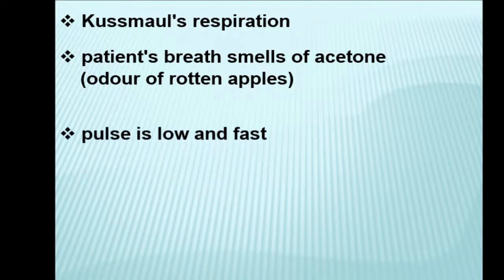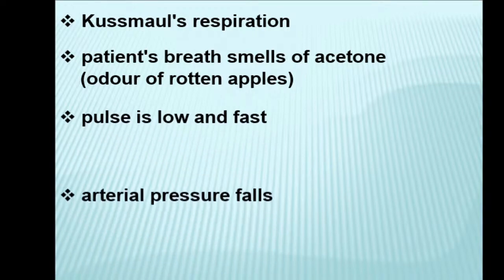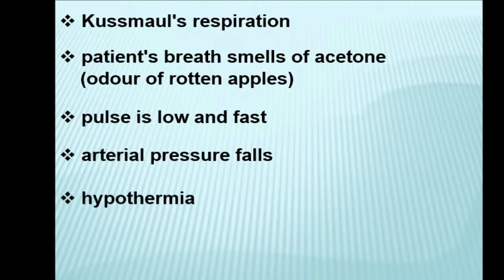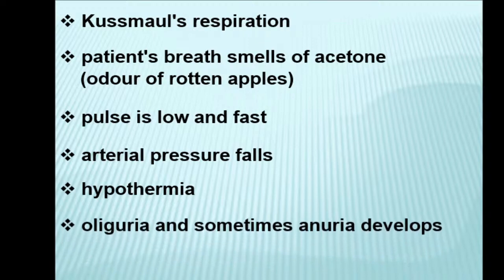Pulse may be low and fast. Arterial pressure decreases. Body temperature decreases because of disordered metabolic processes. Sometimes there may be problems with urination. Diuresis progressively decreases to oliguria, sometimes anuria, due to intoxication and decreased blood pressure.